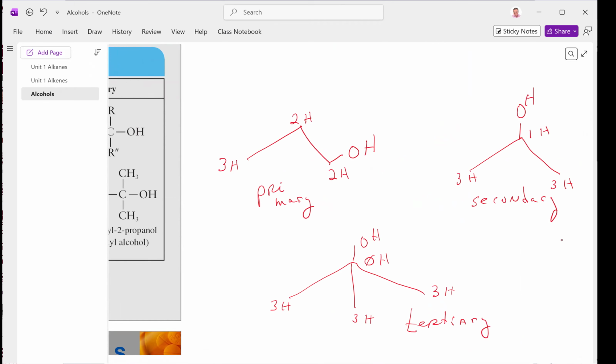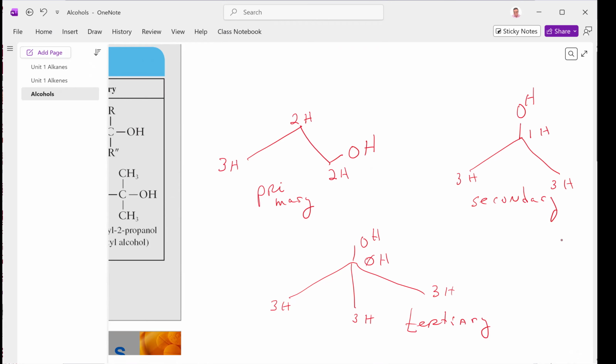Now, this is important because when we oxidize an alcohol, there are 3 different ways it can be oxidized, depending on the number of hydrogens attached to that carbon with the OH.